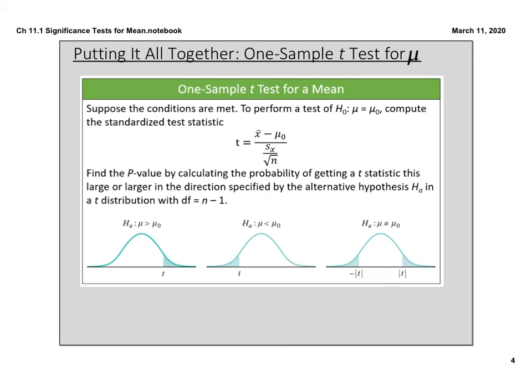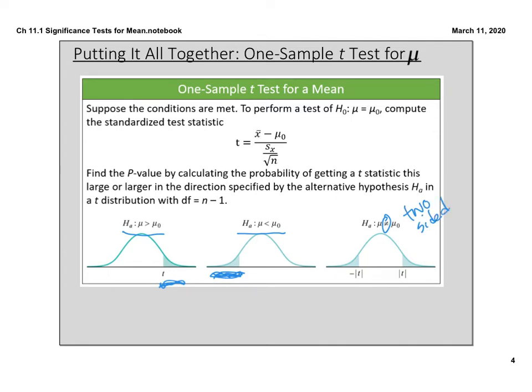Just remember that there are 3 different sides to this test that you can have. You can have a greater than test where your alternative is that mu is greater than. You can have a less than test where your alternative is that mu is less than, so then you're on the left side of the tail probability. Or you can have not equal to, which becomes a 2-sided test.